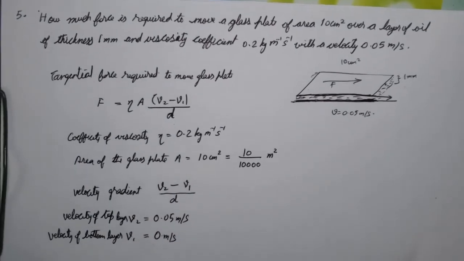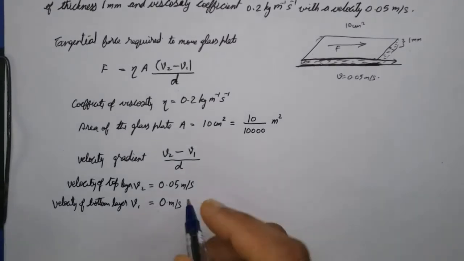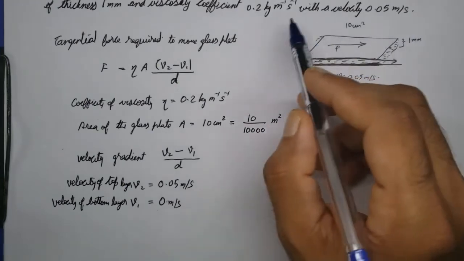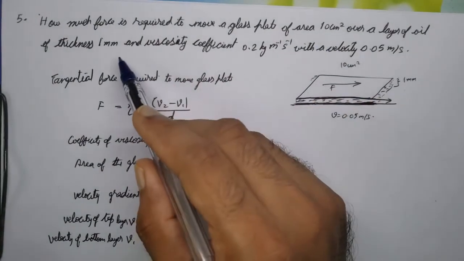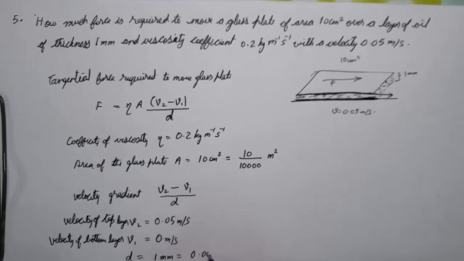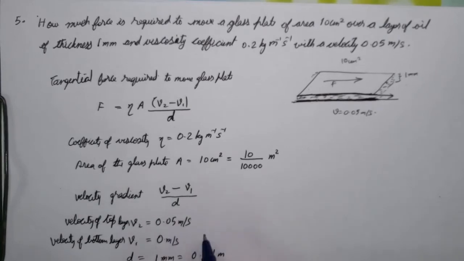This much we know. And what is the distance between the two layers? That is the thickness of the oil layer, 1 millimeter, so d is equal to 1 millimeter, that is equal to 0.001 meter. So what is the velocity gradient?